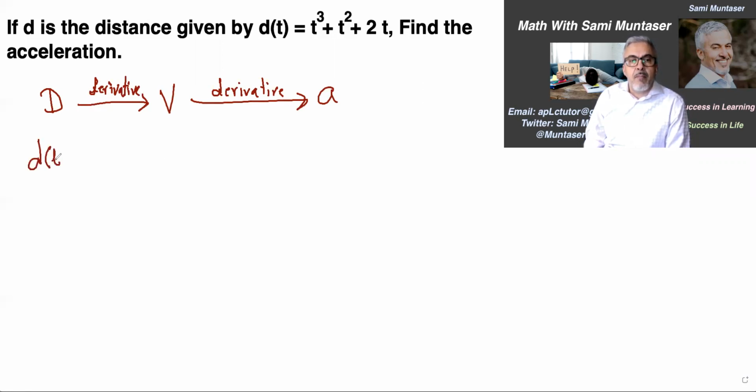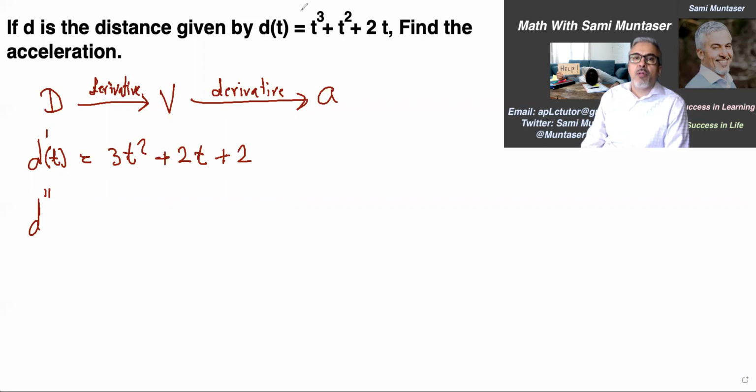So if we do d prime of t, we will get 3t squared plus 2t plus 2. So that's basically what the first derivative is. Now, after that, we're going to do d double prime, the second derivative, to find the acceleration.